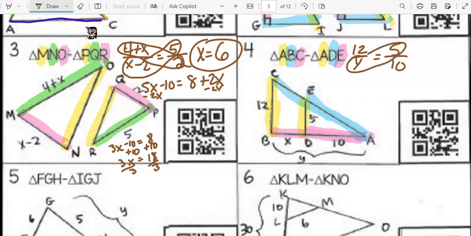Cross multiply. 120 equals 5y. Divide by 5. y equals 24.